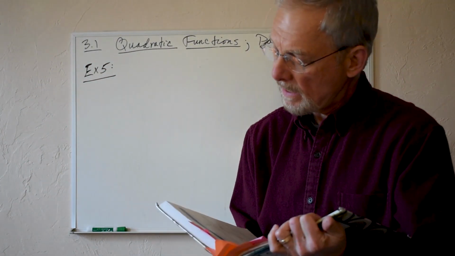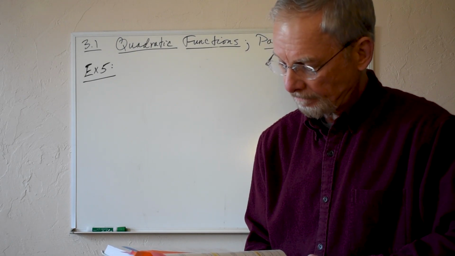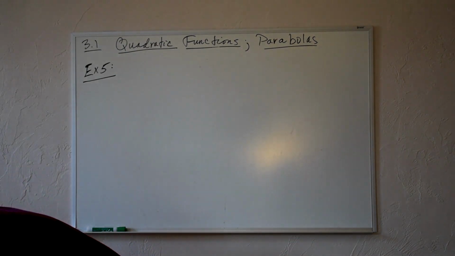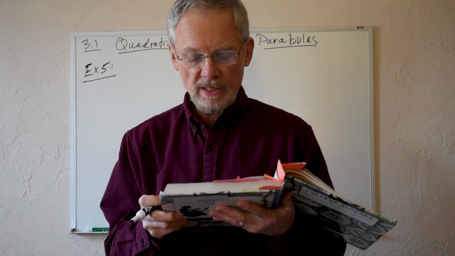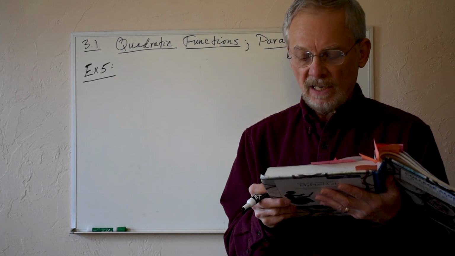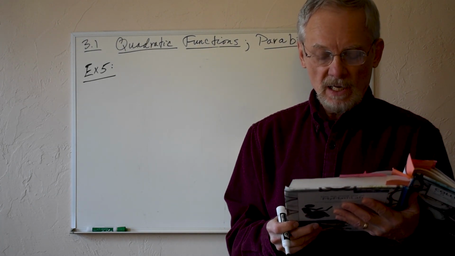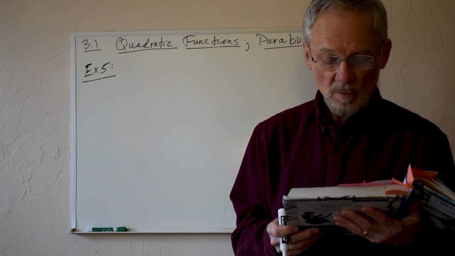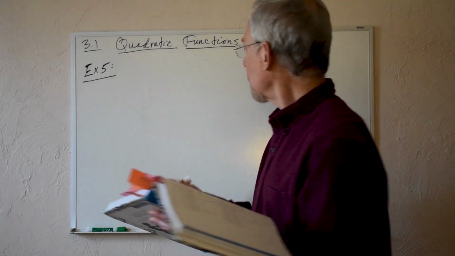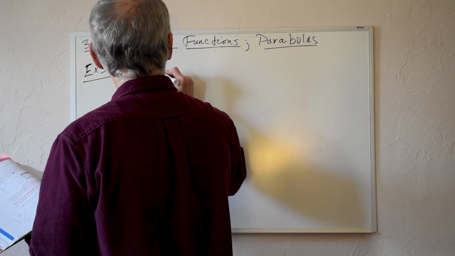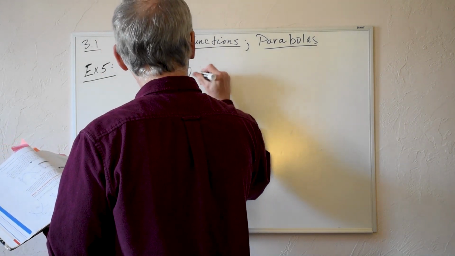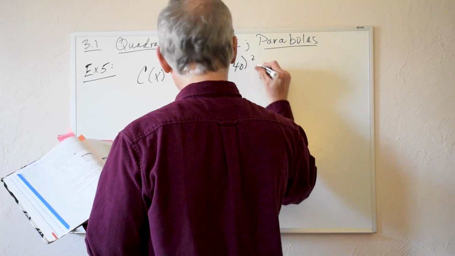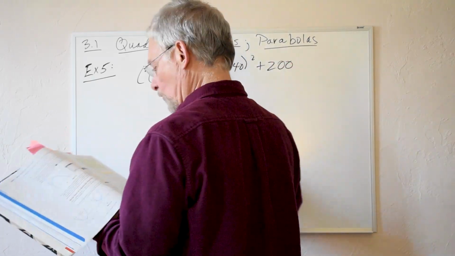Let me find it in my textbook. Minimizing cost. The cost for producing x Champions golf hats is given by the function C of x equals 0.2 times x minus 40 squared plus $200. Okay, of course, we're going to write down our function here: 0.2 times the quantity x minus 40 squared plus 200.